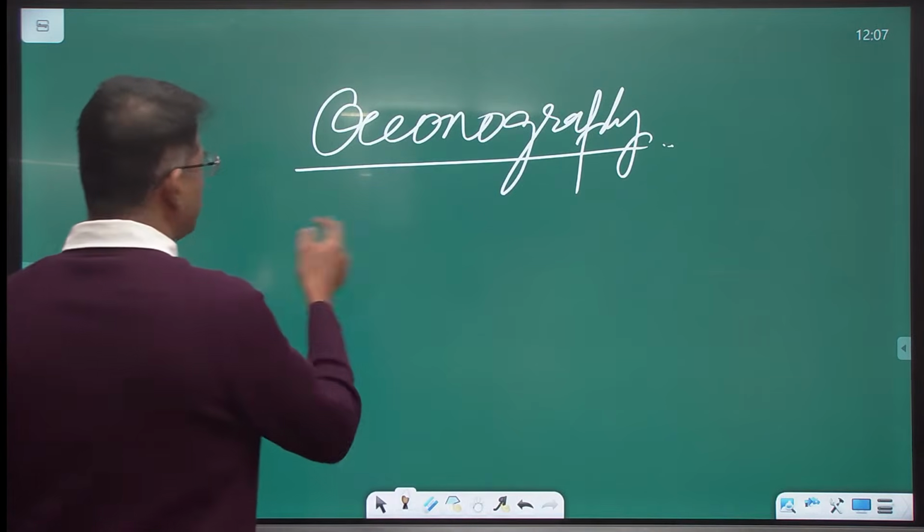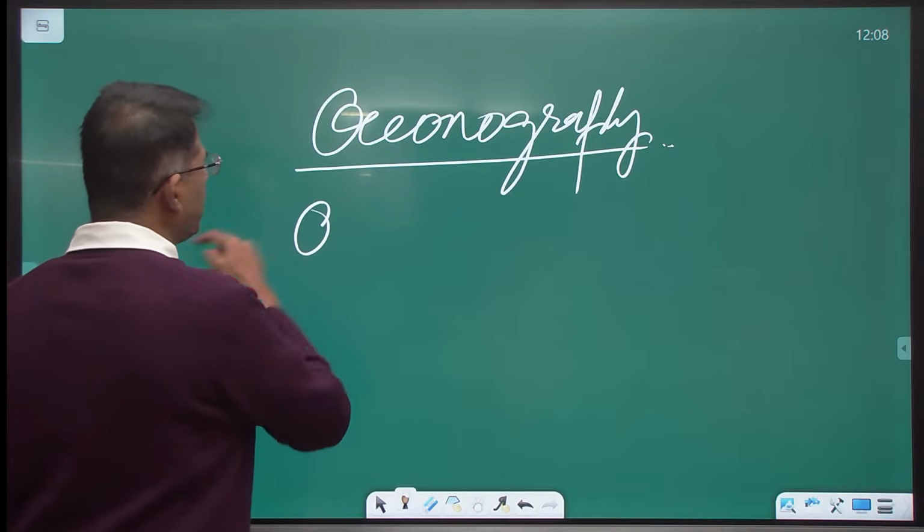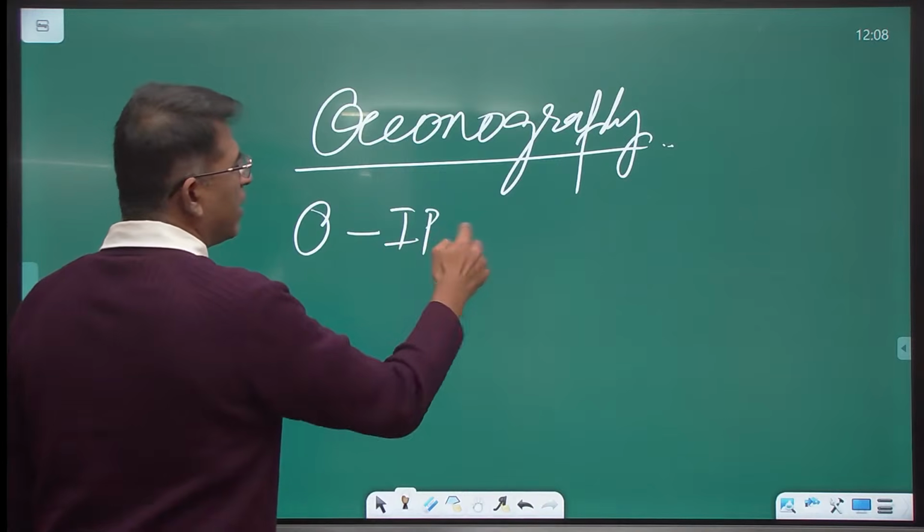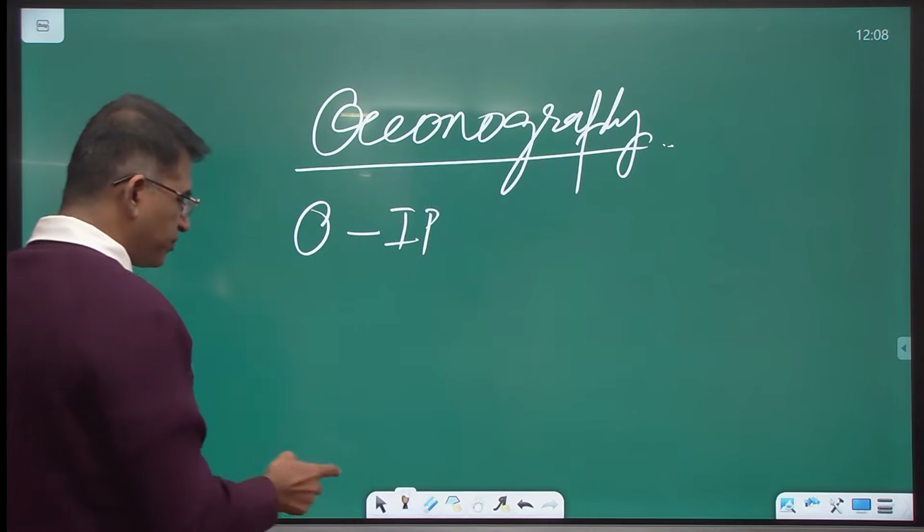So the sequence now will be Oceanography. Then I'll go on towards India physical, and then some topics thereafter.